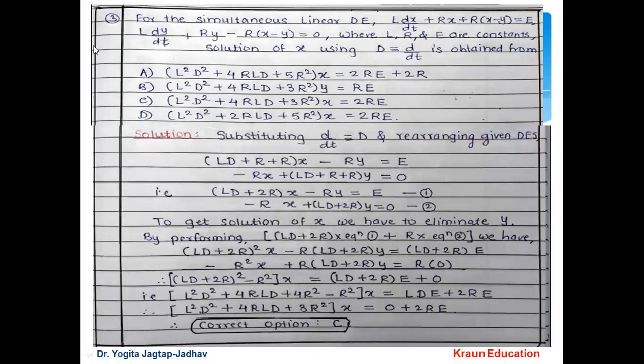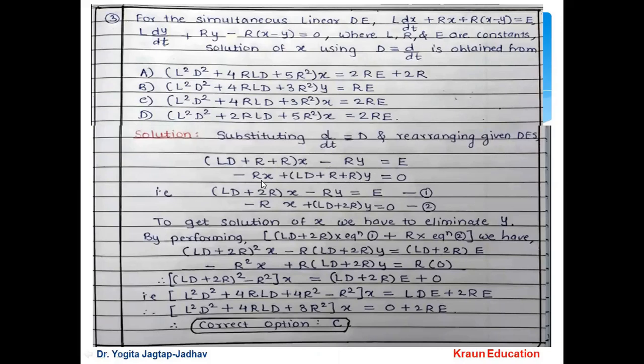Therefore, after rearranging the first equation, we have such an arrangement. The first term becomes LD by taking x common. From the second term we have R plus R minus Ry equals E. In the second equation also, we can write the terms of x in the first position, therefore it is minus Rx, plus the terms of y arranged like this, (LD plus R) operating on y equal to 0.